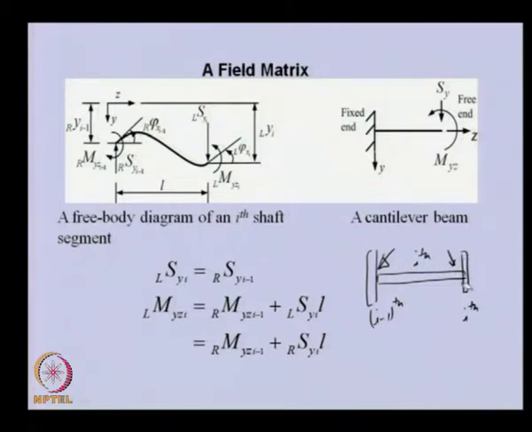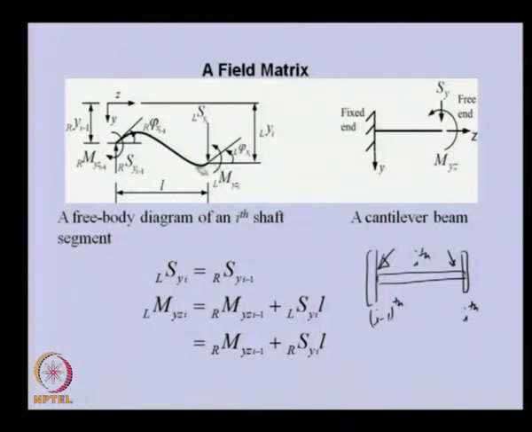So, we always represent left or right with respect to a particular disk, not with respect to the shaft. Now, apart from this, we have shear force, S y I left of the ith disk, and similarly the bending moment. So, here also we have 4 state variables, and now we need to relate these state variables which are there in the right of the I minus 1th disk and left of the ith disk.